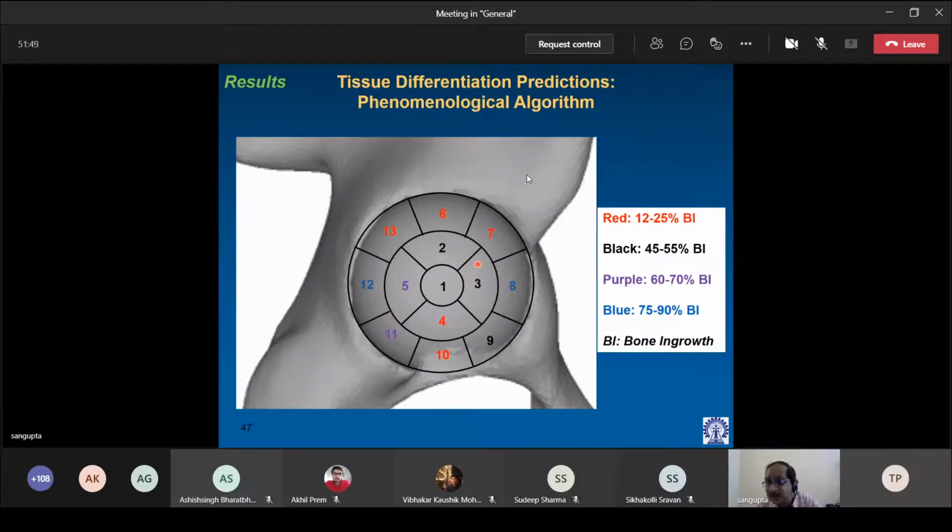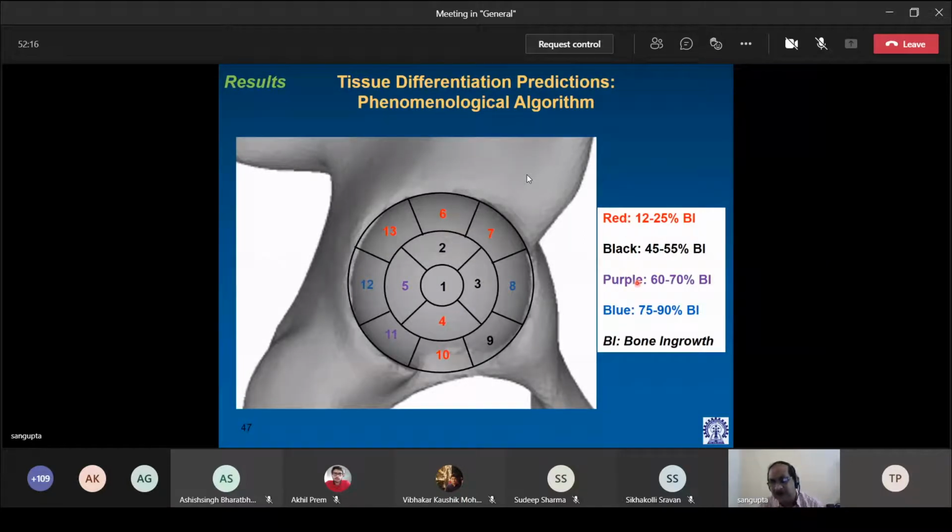So there were 13 models being monitored, giving the quantitative spatial distribution of bone ingrowth in 13 models representing the whole implant-bone interface. Now, based on the results, we can actually color code a few things.